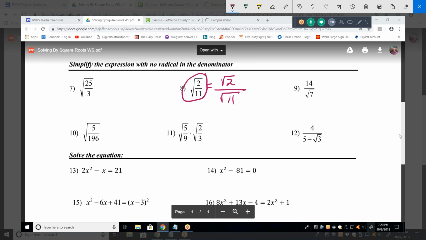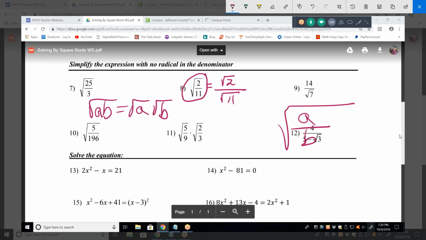Yeah, it's the same principle as this. If I have 2 numbers multiplied, I can turn that into this. Or if I have 2 numbers divided, I can turn it into the square root of A divided by the square root of B.